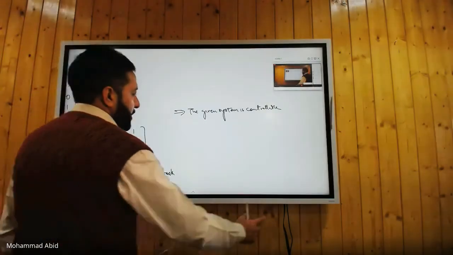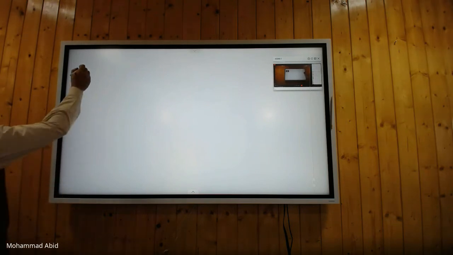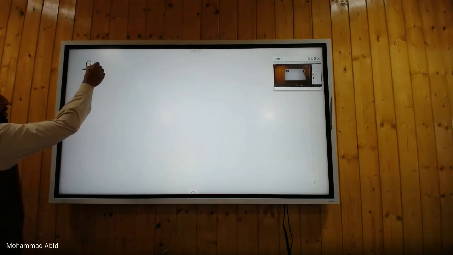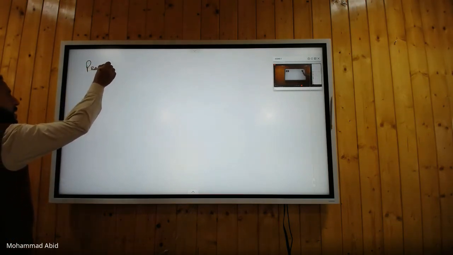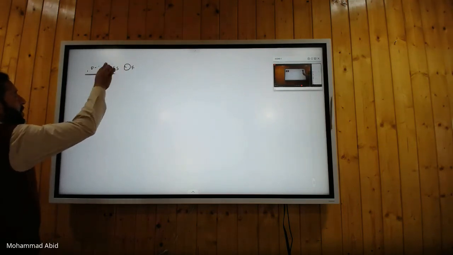Yes, sir. ठीक. Now let's move a bit further. I'll show you one more test of one more fact about controllability, but in the next class. Today, let me talk about something else, that is an important property of controllability.